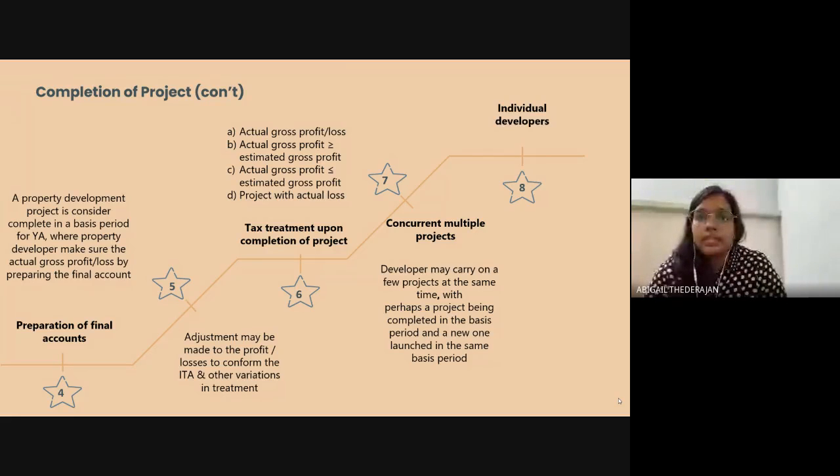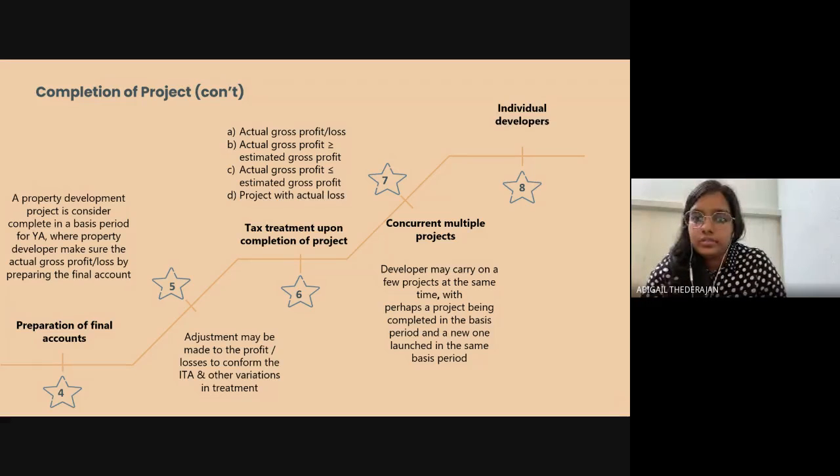The third thing is they need to make sure whether the actual gross profit is less than the estimated gross profit, or the project is actually an estimated loss. So these are the four things that they have to consider and treatments that they have to do before declaring that the project is a completed project.